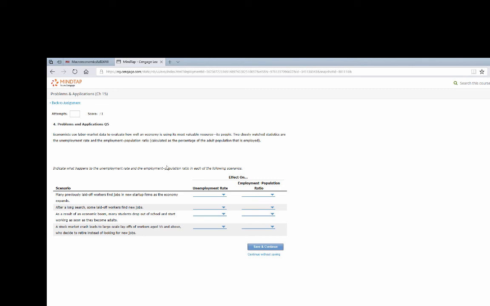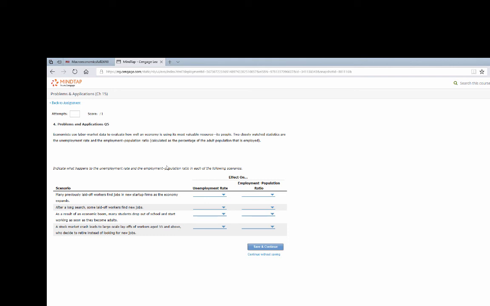So this question here is just giving you a bunch of different scenarios, and you have to figure out what happens. Let's do the first one. It says many previously laid off workers find jobs in new startup firms as the economy expands. So what is going to happen to your unemployment rate? These people were laid off, but now they're finding jobs. So I think this is pretty obvious. These people weren't working, now they are.